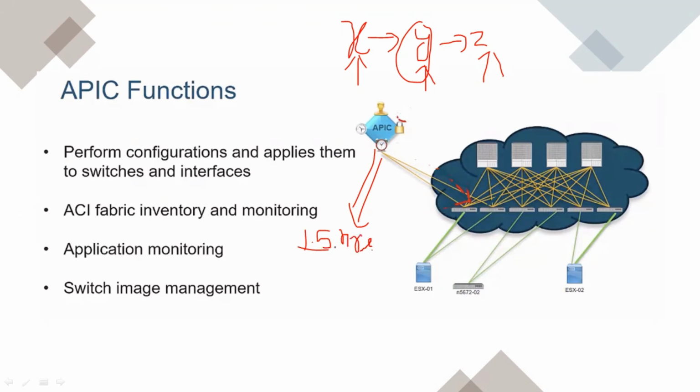One APIC. Okay. And for the switches, it depends on the configuration, but roughly 30 to 35 minutes it will take, because it's not an ISSU upgrade. ISSU meaning the switch will not reboot, but here the switch will reboot and then it will upgrade, right? So that's the thing.